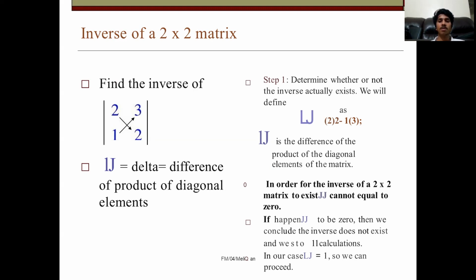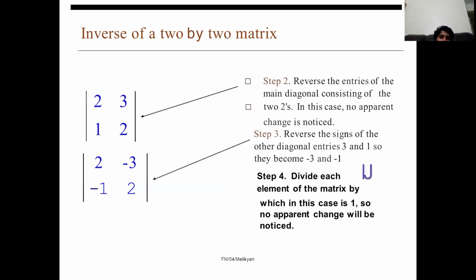In order for the inverse of a 2 by 2 matrix to exist, delta cannot equal 0. If delta happens to be 0, then we conclude that the inverse does not exist and we stop the calculations. In our case, delta equals 1. So we can proceed.